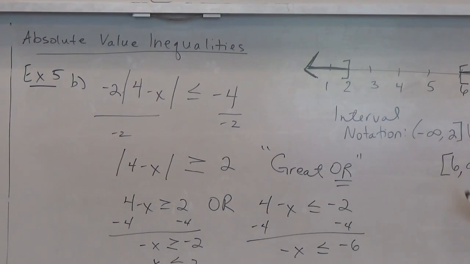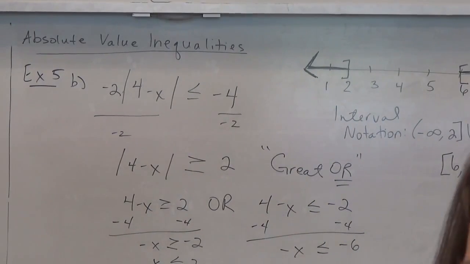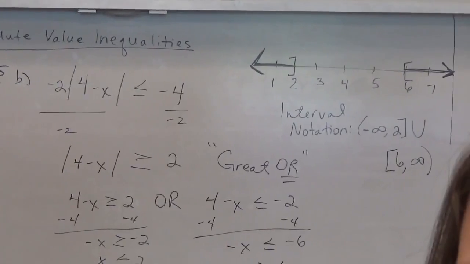So parentheses negative infinity to 2 bracket, union, bracket 6, comma, infinity with parentheses. There's a better view.